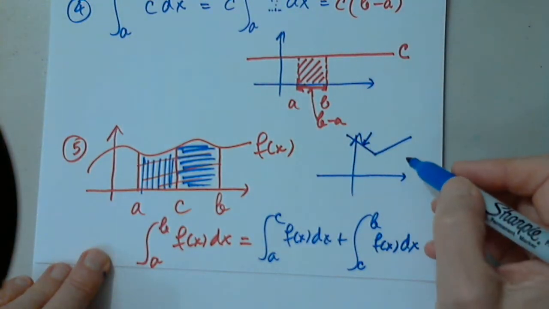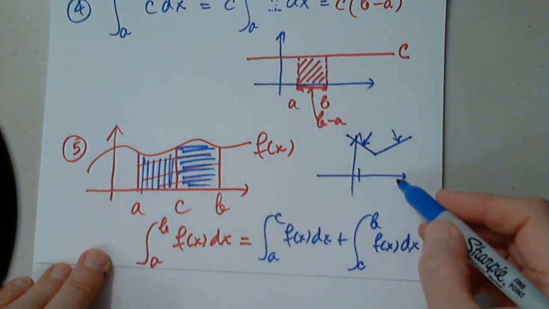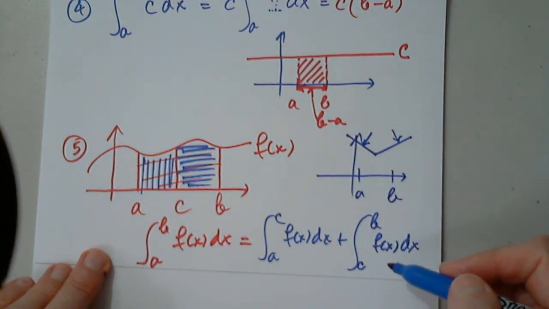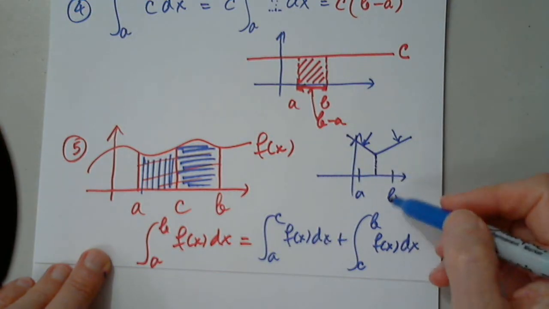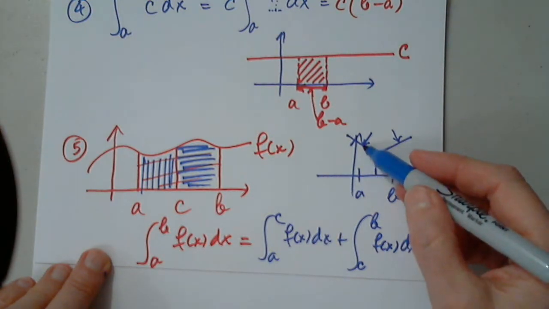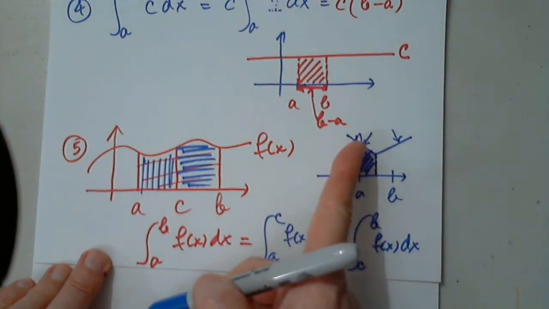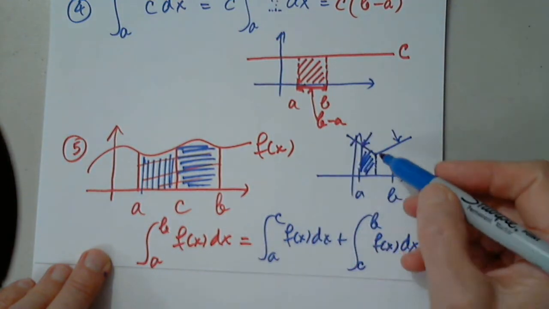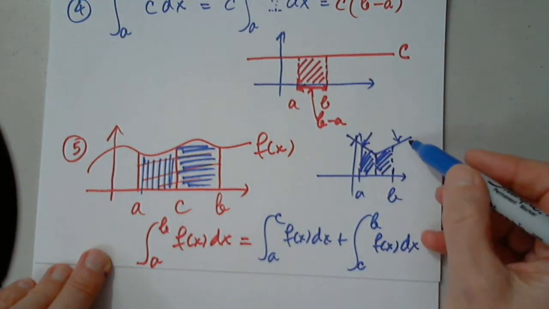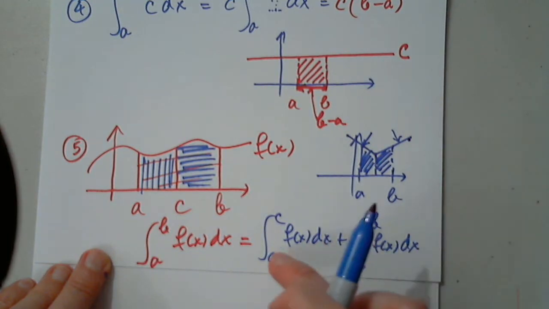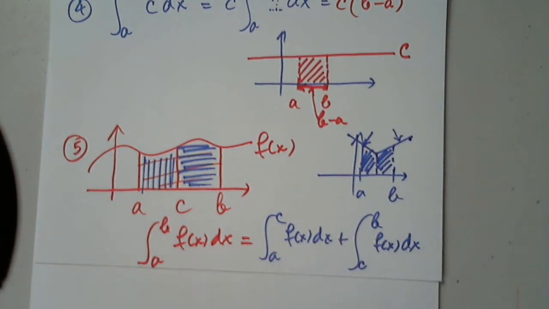This is one piece, one function, and this is a different function. So the integral from a to b has to be split right in the middle, or wherever this is, and I have to determine this area from one function and this area from a different function. This is an extremely useful property. Is this okay? Any questions?